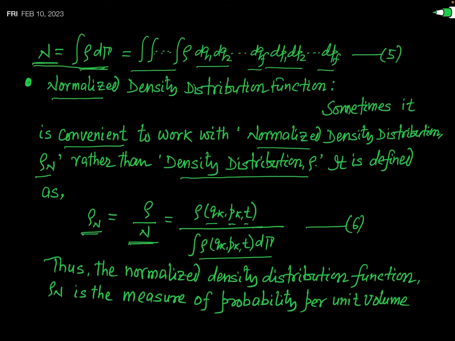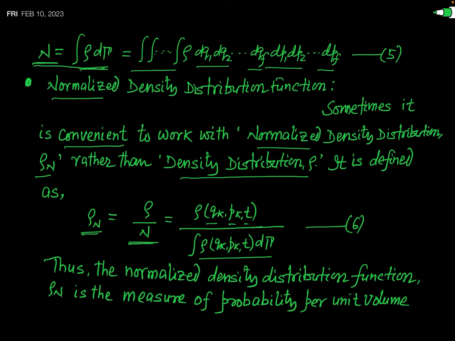As you know, according to the definition, rho is the number of phase points in unit volume of phase space, and N is the total number of phase points in the whole phase space. So rho and N both represent a number of phase points, but there is a difference.